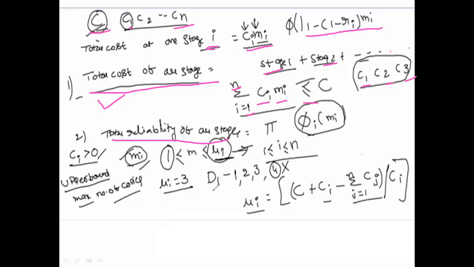So Di equal to 1, 2, 3 up to n. So Ui equal to floor of (C plus Ci minus summation of j equal to 1 to n Cj) by Ci. It is the reliability finding formula.